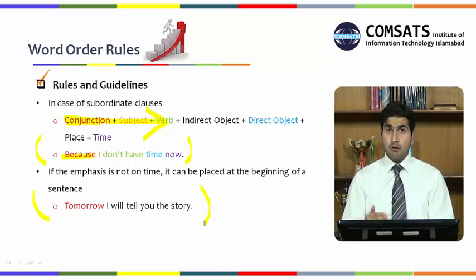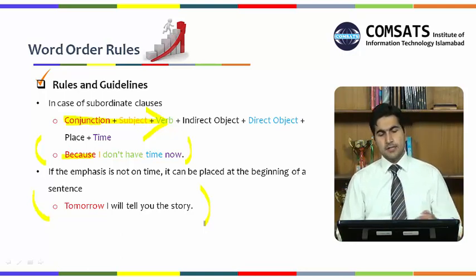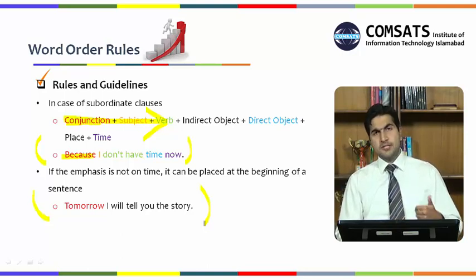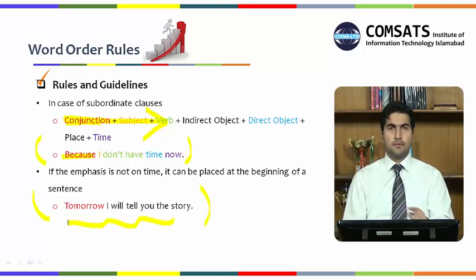However, if it's not that important, then it can be placed at the beginning, so that the focus remains on the indirect object, the direct object and place. Time will become like an extension as it's going at the beginning. So by rules, by convention, this can be done as well.